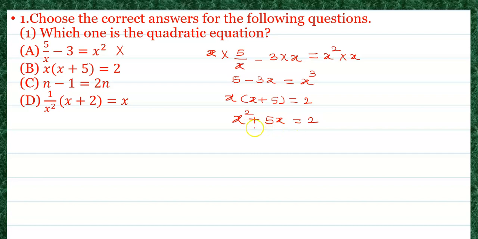Now the highest power of x is 2, and therefore the second is the quadratic equation, and the remaining are not quadratic equations because the power of x is not 2. If you simplify the first again, you will get x cube, and therefore B is the correct answer. Now next question.